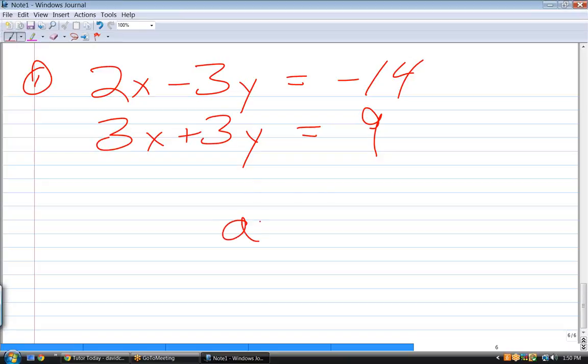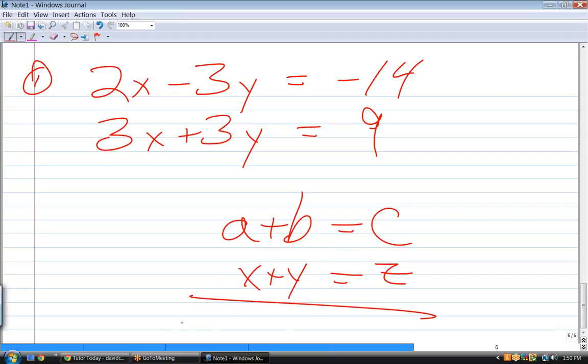If I have a plus b equals c, and I have x plus y equals z, then I can add these two equations such that a plus b plus x plus y equals c plus z.